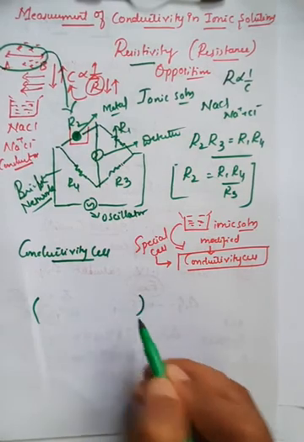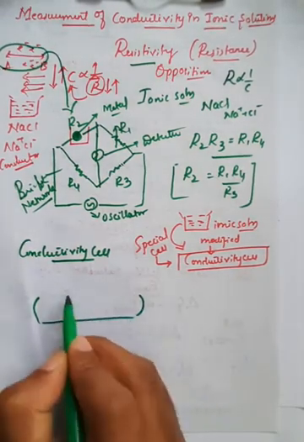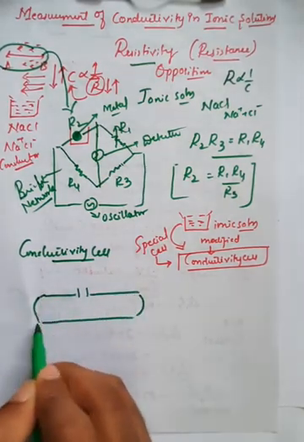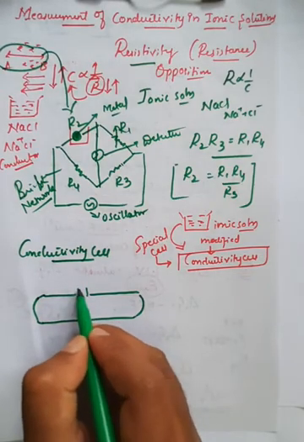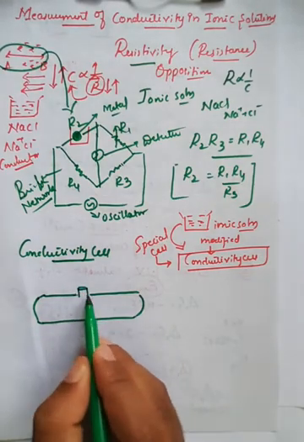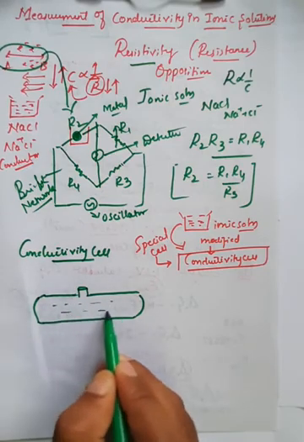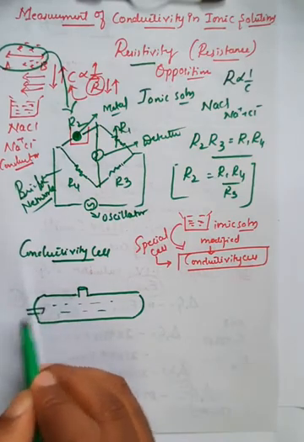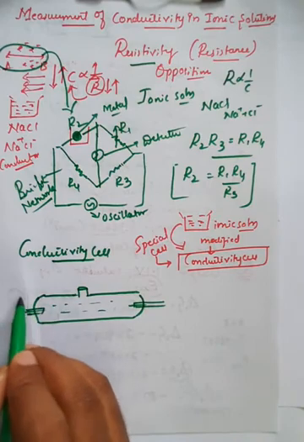If you consider this as a glass tube, there will be an opening on one side for the input of the electrolyte. With the help of a funnel, or directly, we can fill this with the electrolytic solution, that is, the ionic solution.